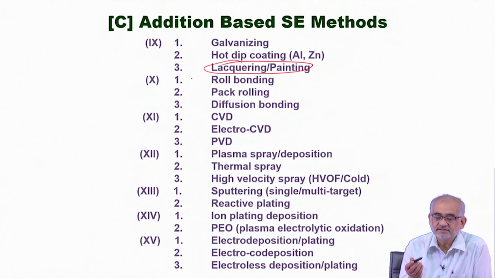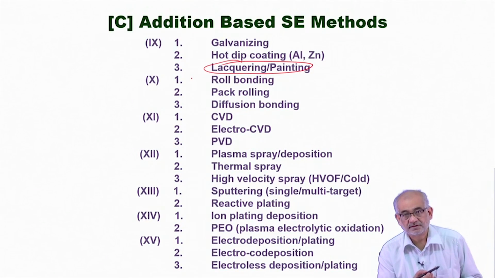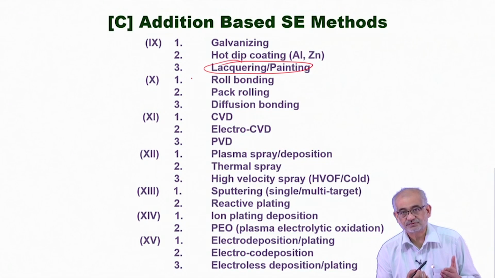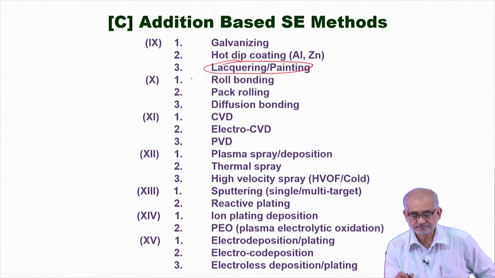So you may apply a transparent or translucent molecular coating, so that the surface of the metal or the semiconductor does not get exposed to the atmosphere directly.